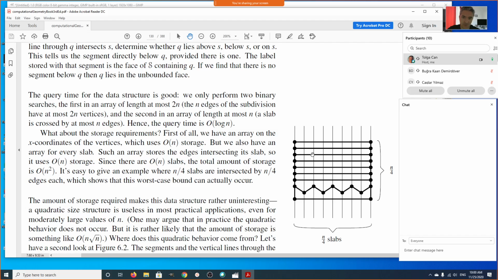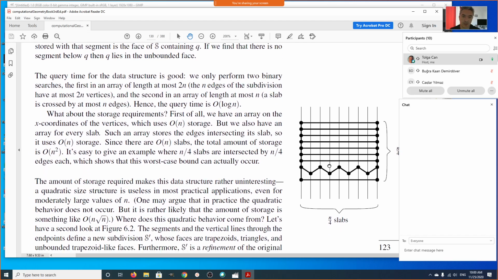That's what the whole chapter is about: how can we improve. We had an idea about doing binary search, first on x, then on the segments. We can still use that idea, but how can we reduce this complexity to a smaller one?